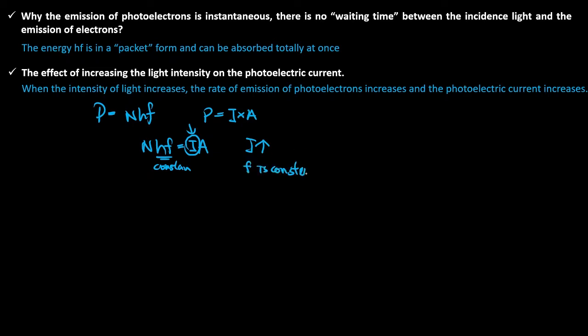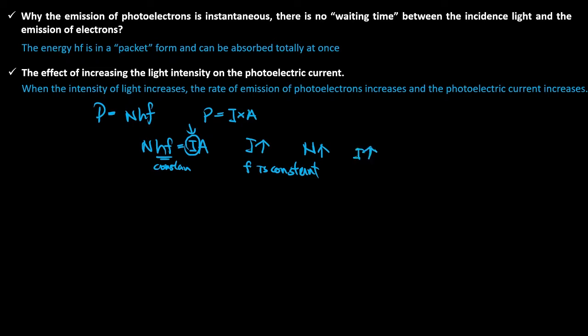So this increase of intensity will cause N to increase. It means the number of photons emitted in 1 second will increase. So when N increases, more electrons are emitted, then the photoelectric current will increase. So in other words, I will increase.